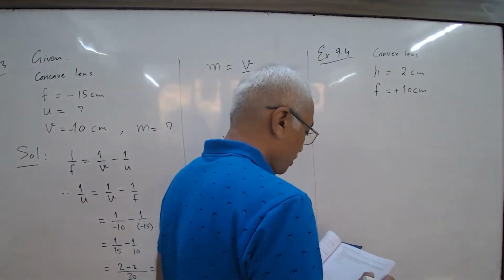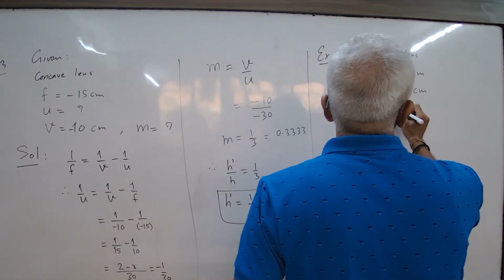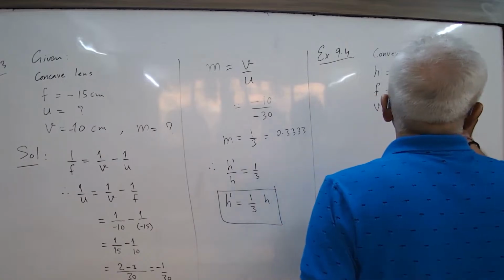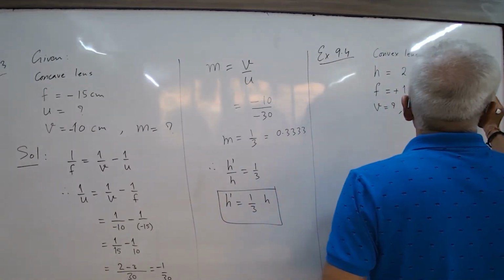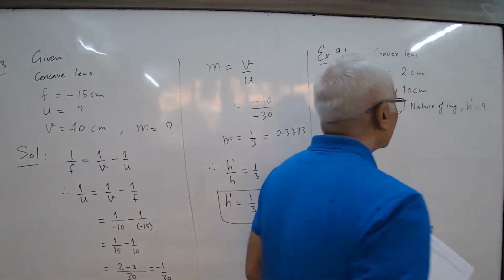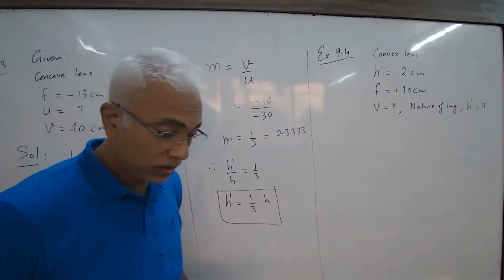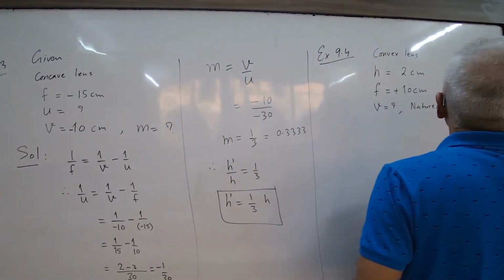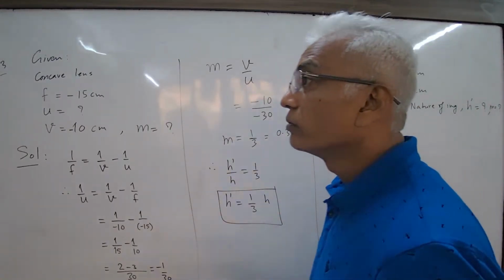Find the nature, position and size of the image. So you find v, the nature of image, and you have to find the size of the image. These three things you have to find. And also magnification. You have to find m also.